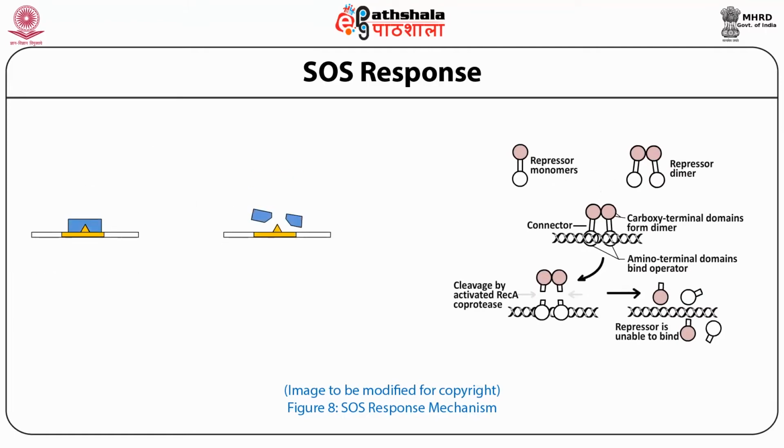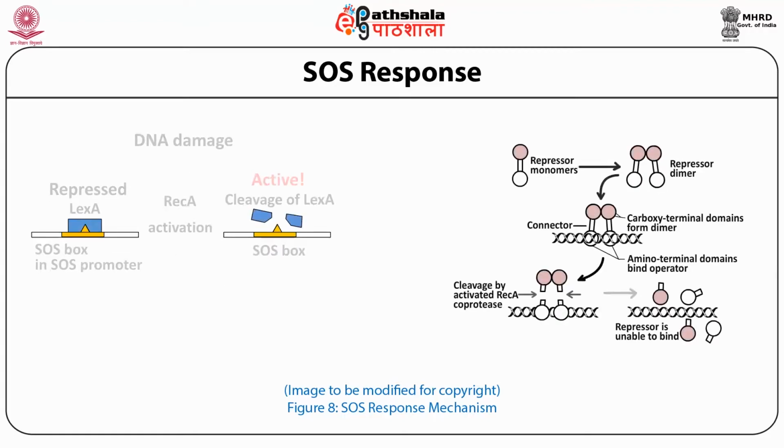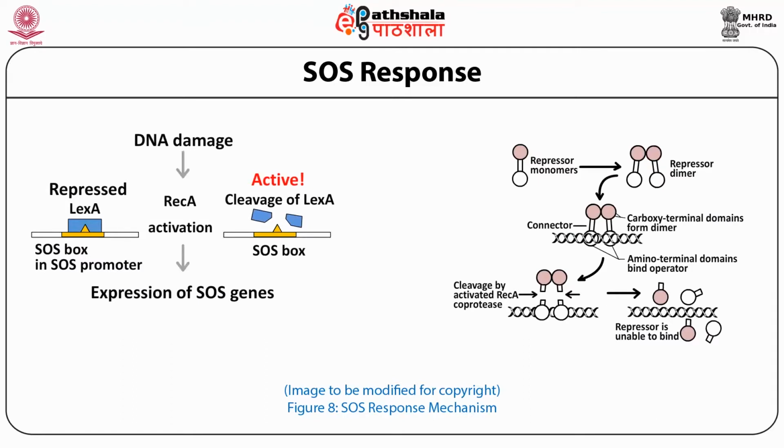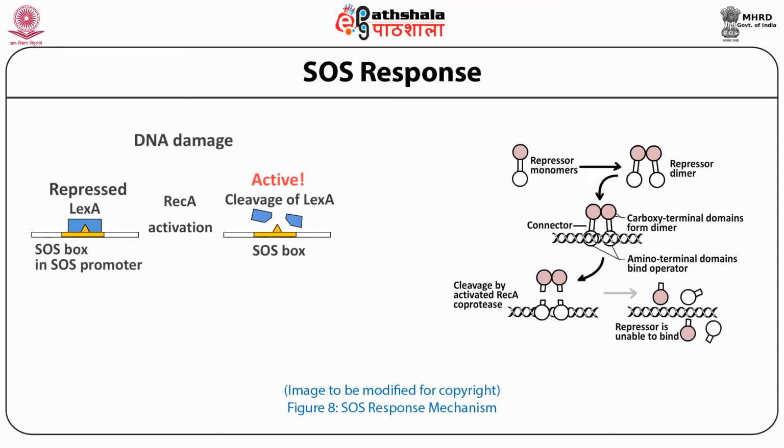Again, in the absence of any DNA damaging agents, the DNA-RecA complex is no longer present. So the expression of the SOS genes is repressed by the newly synthesized LexA. The SOS repair system is error prone and consequently mutagenic.